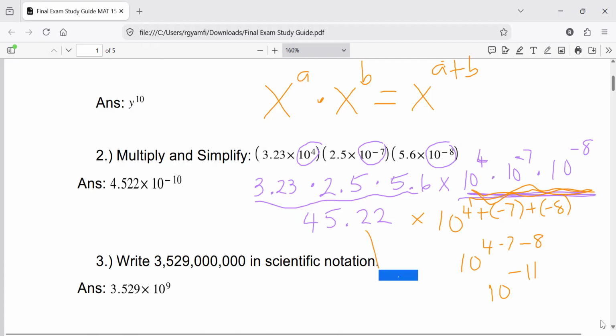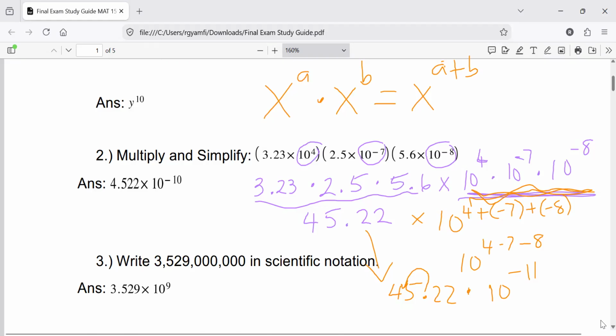And then I don't have to forget my 45.22. But I'm supposed to simplify this, as in make sure this is in scientific notation. For 45.22 to be in scientific notation, it has to be 4.522, which means I've got to move the point one time to the left.